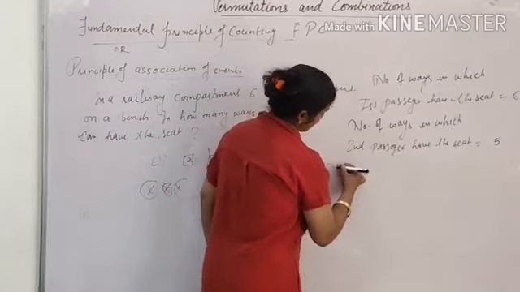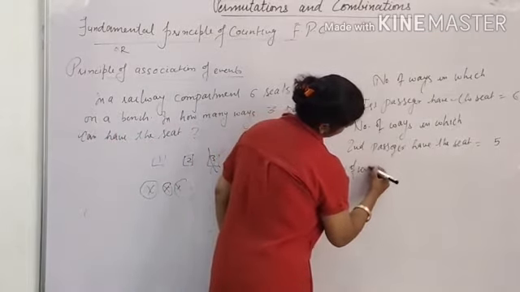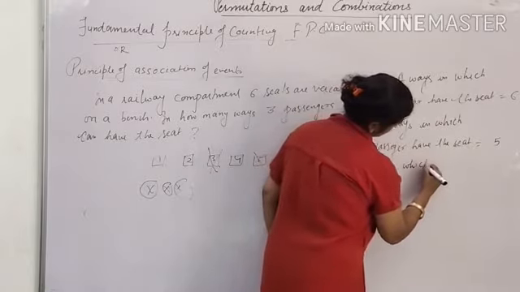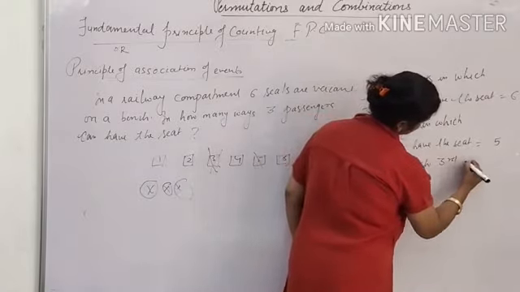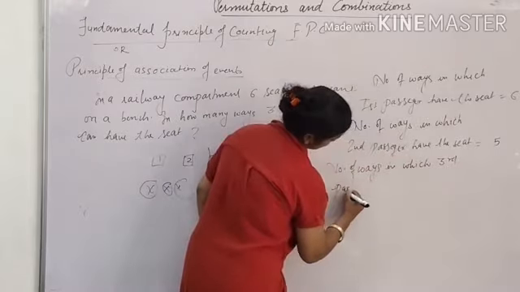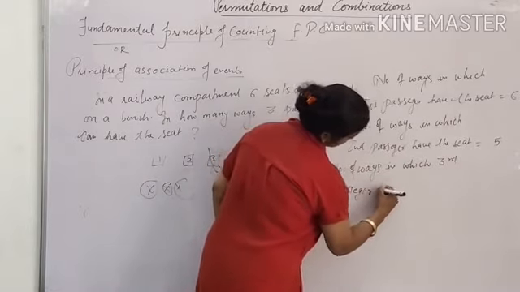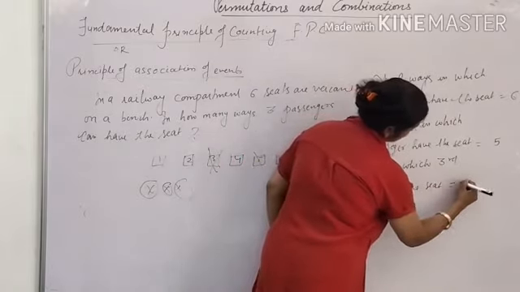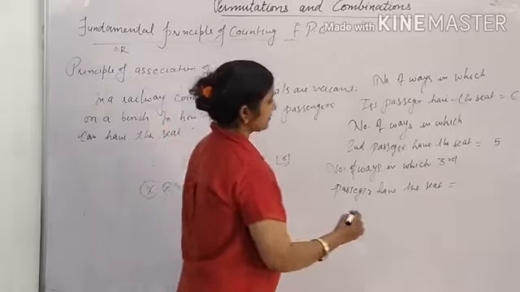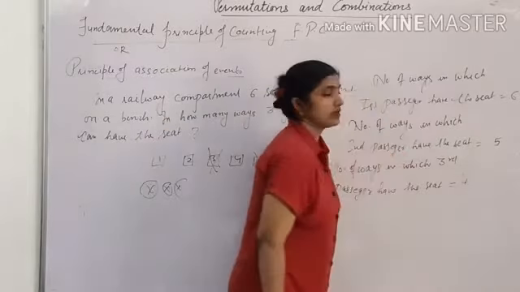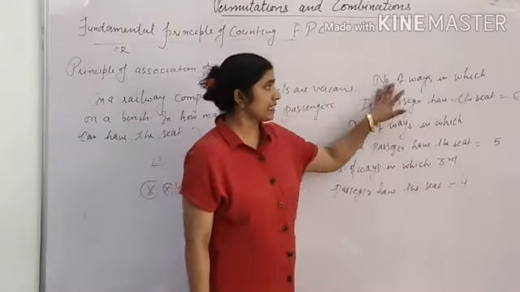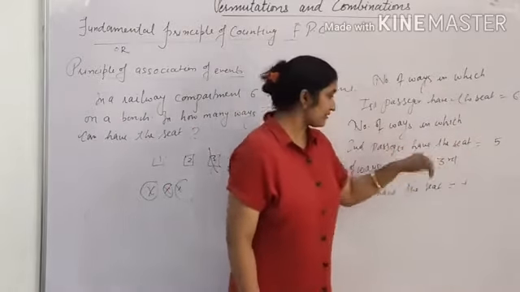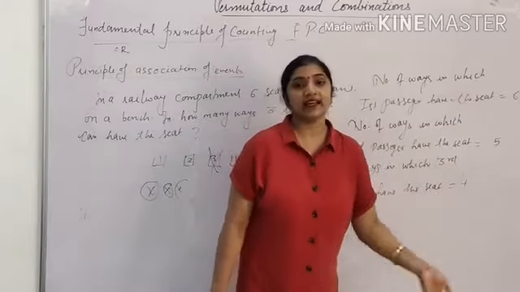So the number of ways in which the third passenger can have the seat is 4. So this is event A that occurs in 6 ways, event B after which occurs in 5 ways, and after which event C has 4 ways.